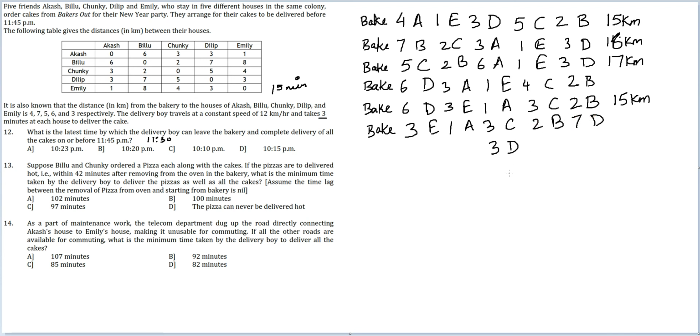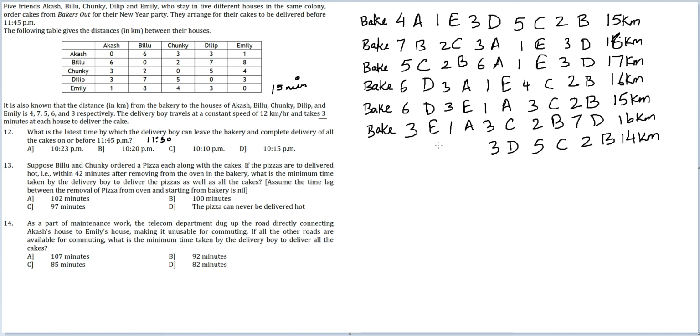From D you can't go to Akash or Emily, so you go to Chunky, which is 5, and then 2 to Billu's house. The top path takes 3 plus 1 plus 3, 7, 7 plus 2, 9, 9 plus 7, 16 kilometers. The next: 6 plus 3, 9, 9 plus 1, 10, 10 plus 6, 16. This last path: 3 plus 1 plus 3, 7, 7 plus 5, 12, 12 plus 2, 14 kilometers.